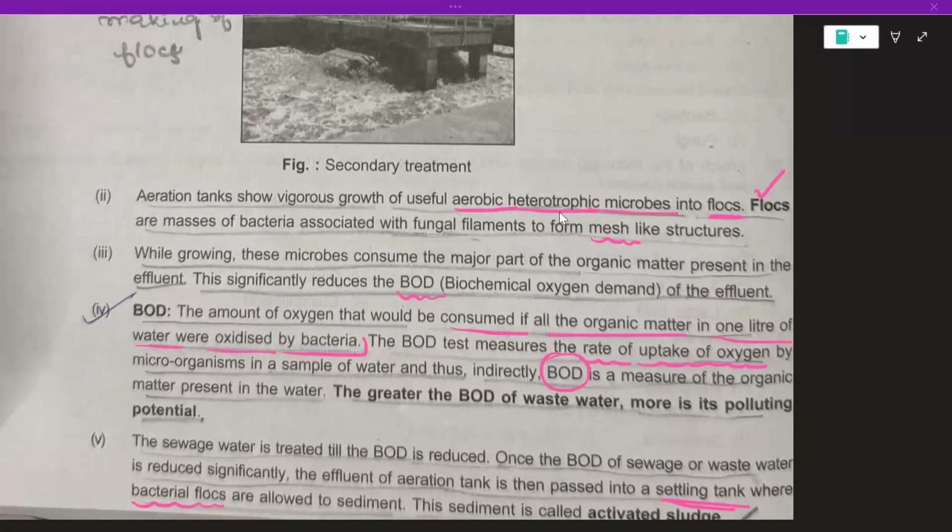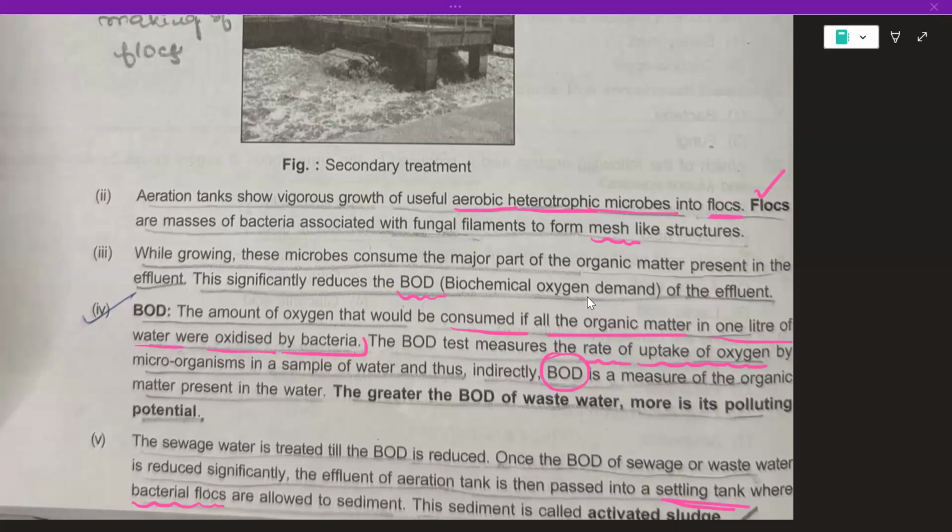What are flocs? Flocs are net-like or mesh-like structures of bacteria and fungus. While growing, these microorganisms consume the organic matter found in the wastewater, and as a result, the organic matter starts getting reduced.